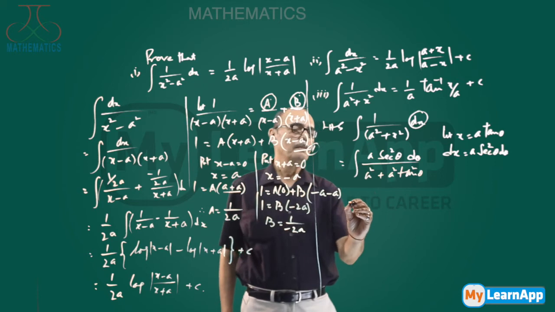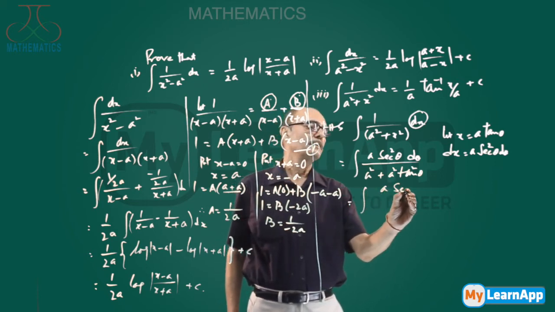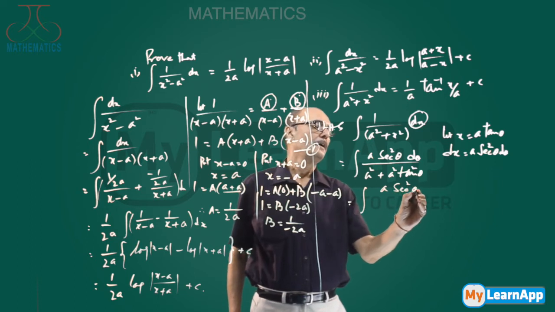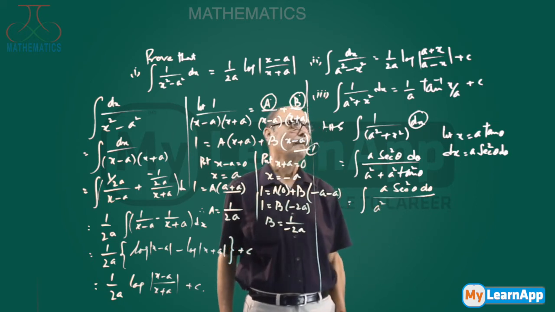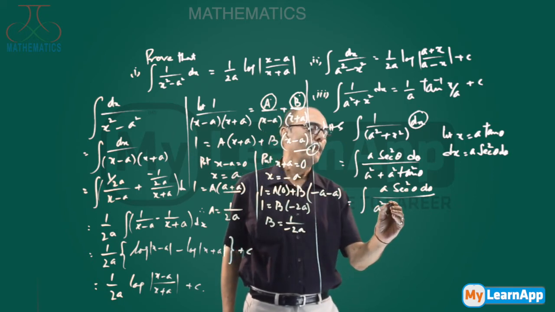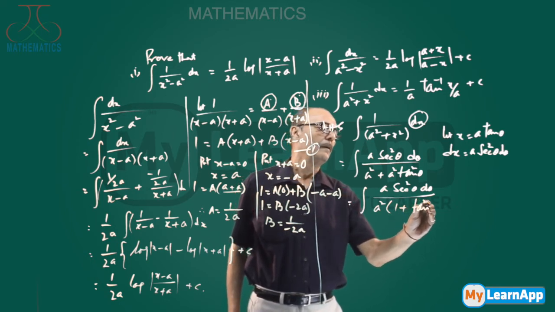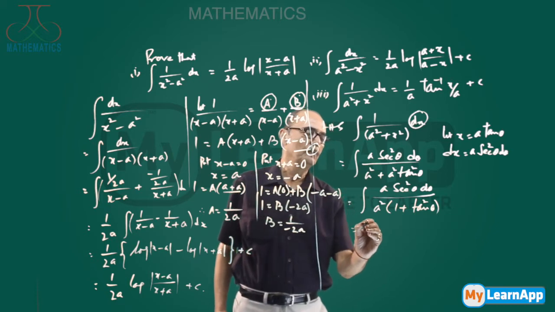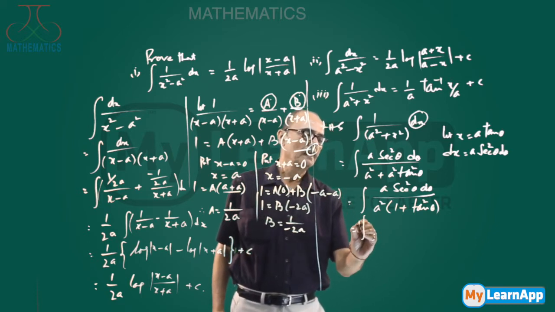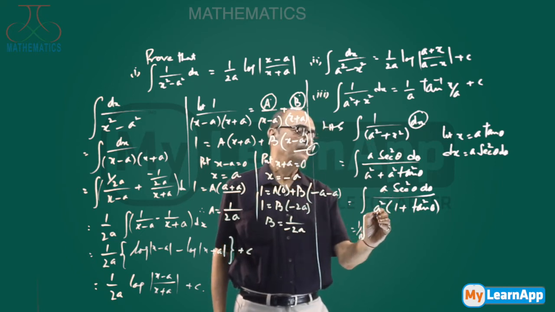If you take out common, this is a secant square theta d of theta over a square common into 1 plus tan square theta, or this is equal to integral 1 by a. A gets cancelled with a square here.